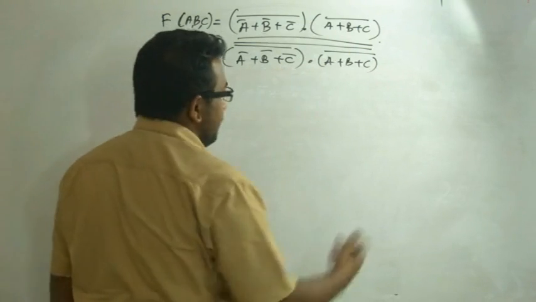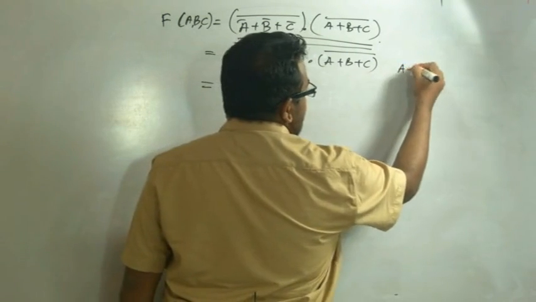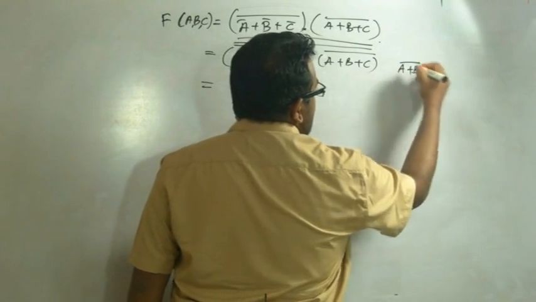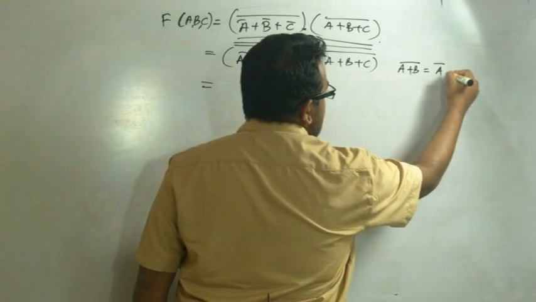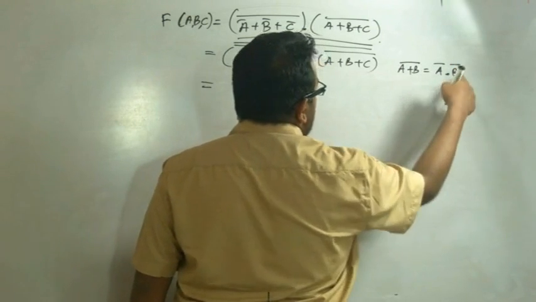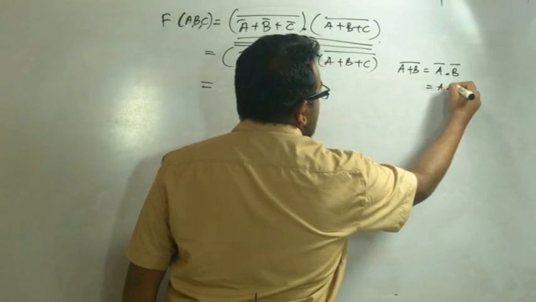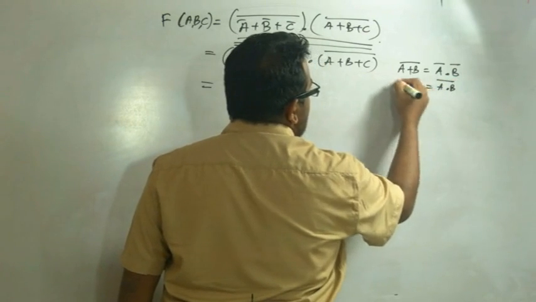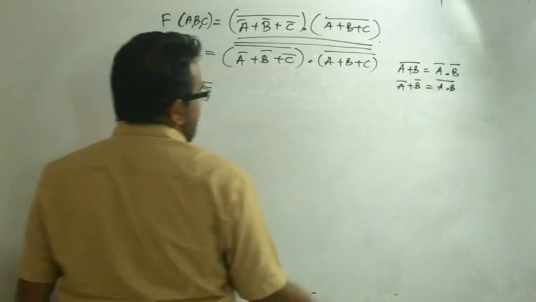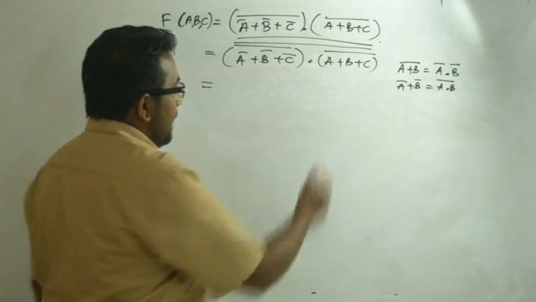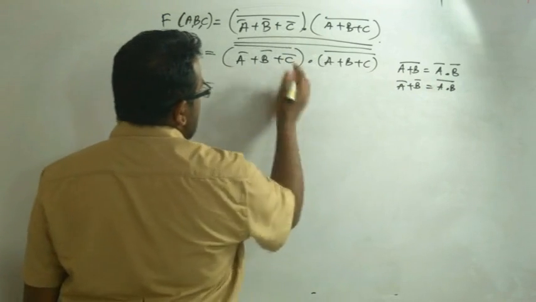It is easy. If we apply De Morgan's theorem, it will be like this. At the same time, if you apply it again, it will be like this. So we applied it here to these two sections.